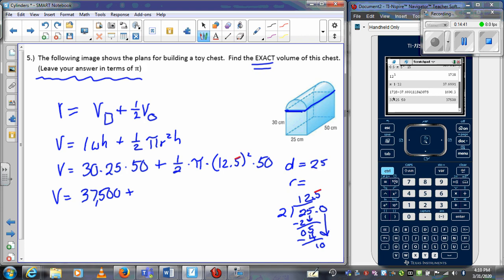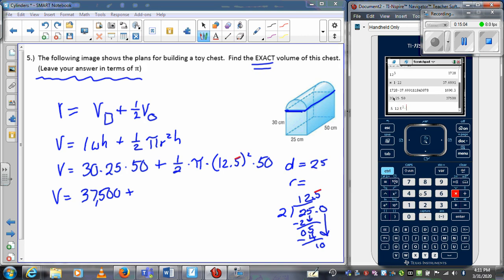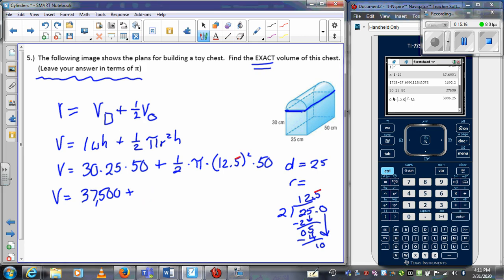Plus 0.5 times, I'm going to not hit the pi button, 12.5 squared times 50. 3906.25. So 37500 plus 3906.25 pi.